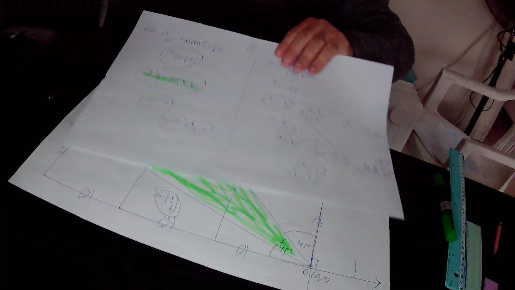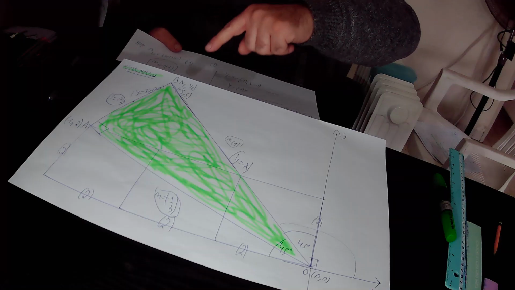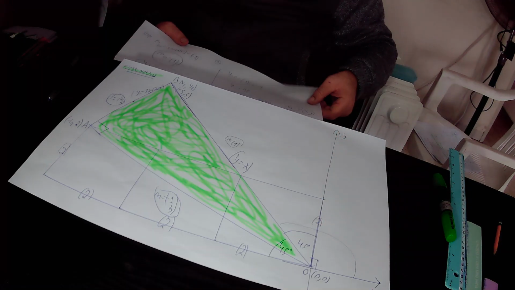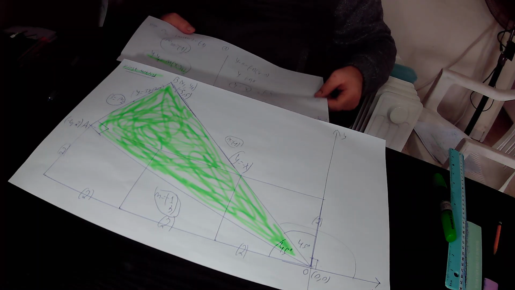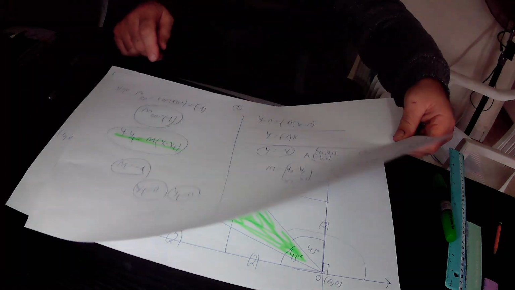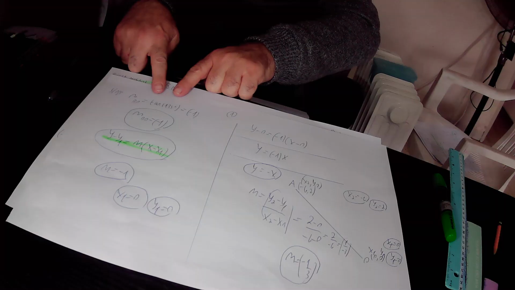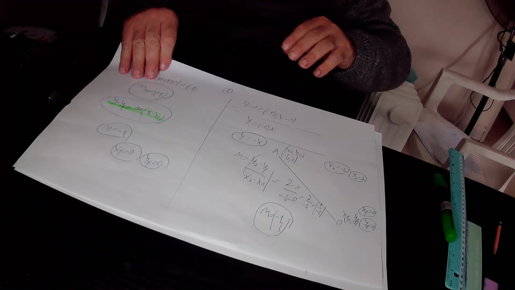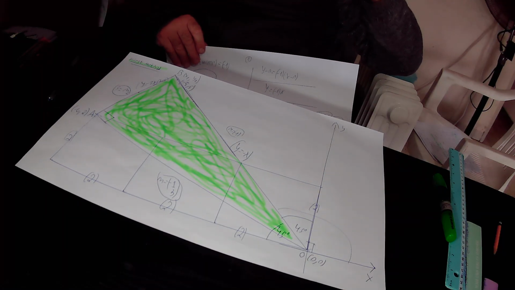Again, 135 degrees is the angle that the straight line BO creates with the positive x-axis. So the slope m equals tangent 135 degrees, which is minus 1. And again, the slope of this straight line BO equals minus 1.